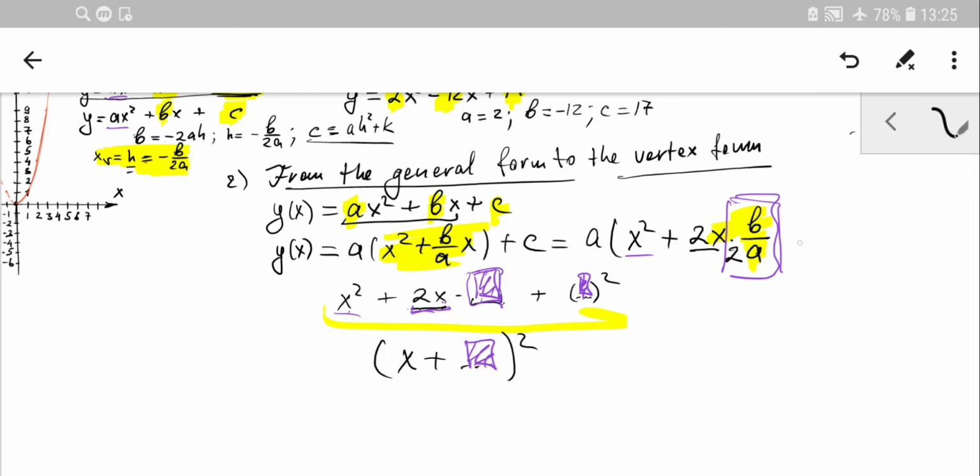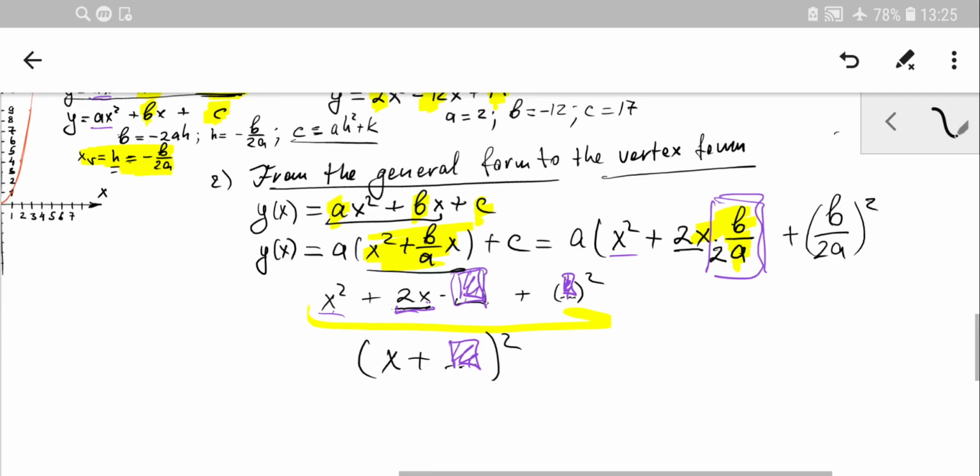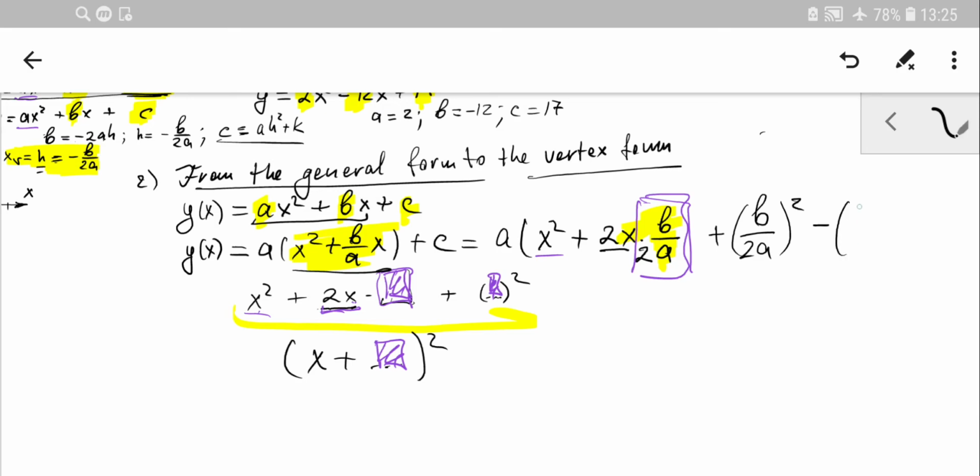And hence, finally, I'll add b over 2a, which is squared. Before, I didn't have that, so I immediately subtract this term. So instead of this purple square, we've got b over 2a. So that's why here I need to finalize my formula.